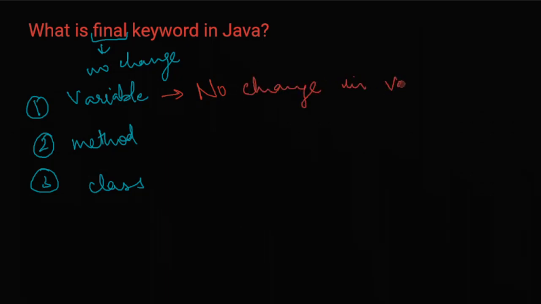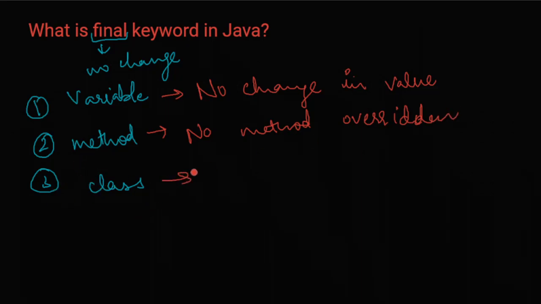Secondly, a method declared as final cannot be overridden. You know overriding, right? Talking about a class, a class declared as final cannot be inherited.